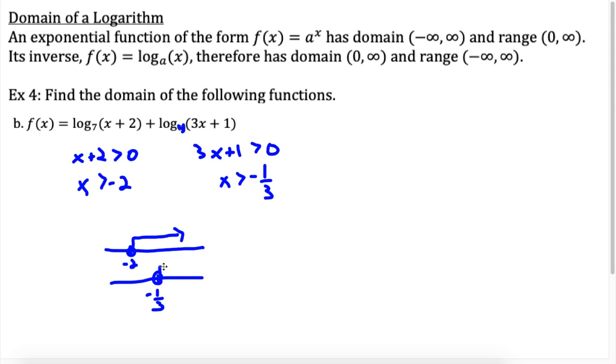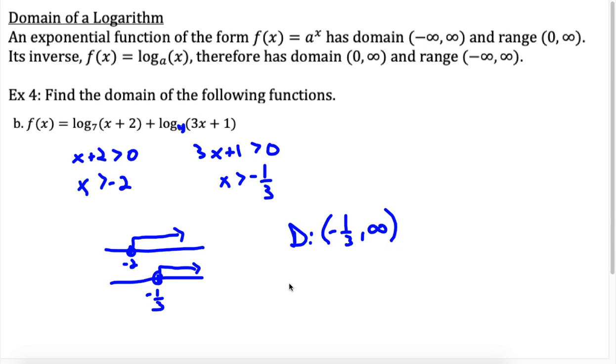The intersection means where these 2 number lines intersect. They would intersect on this portion, everything greater than negative 1/3. Since this little piece from negative 2 up to negative 1/3 isn't part of both graphs, I would not include that. So the domain here is going to be negative 1/3 to infinity.